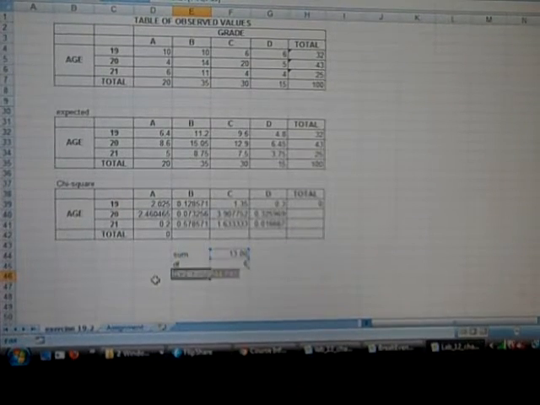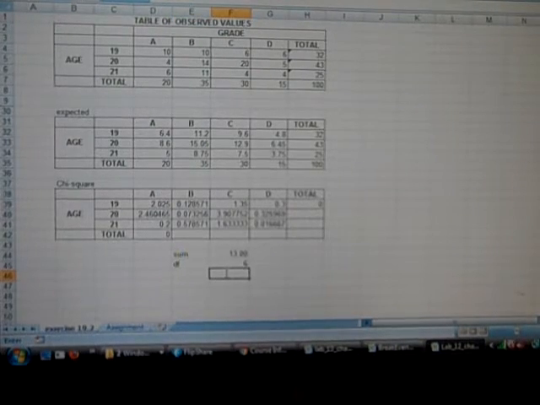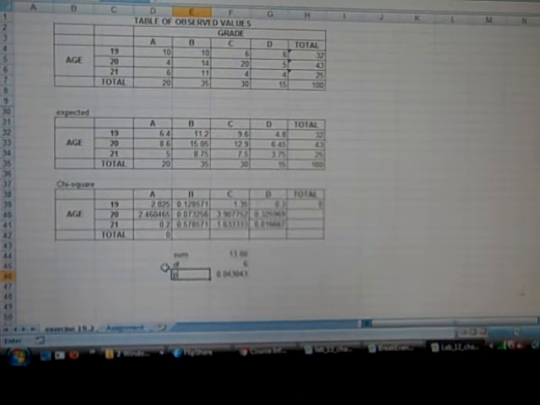And I'm actually going to move this over just so it's a little easier to look at and a little more organized. So then you have your p-value 0.043, and if anything is less than 0.05, that means that this is significant.